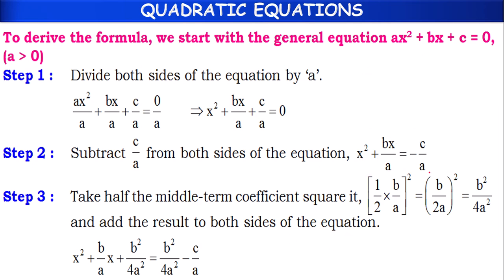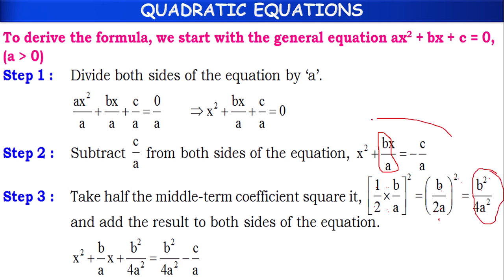So half into b by a, half of the middle term, whole square, means 1 into b over 2 into a, b by 2a whole square, or b square by 2a whole square, which means 2 square is 4, so b square by 4a square.